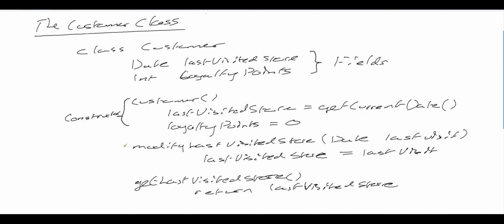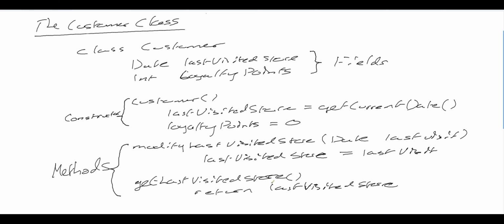And then these two methods here are not special methods like the constructor is. Every class has to have a constructor, but these methods here, you can have any number in a class. It doesn't matter how many methods you have. And this one here, modify last visited store, takes a parameter last visit, which is a date, and sets last visited store to that date. So if the customer is just visiting the store, the system can update the time they last visited the store to a new date.